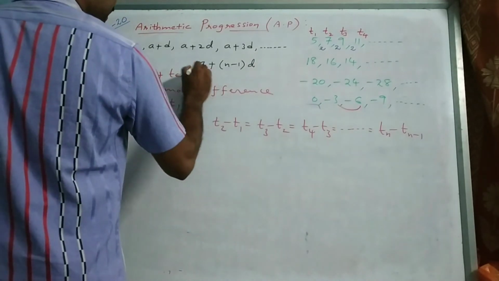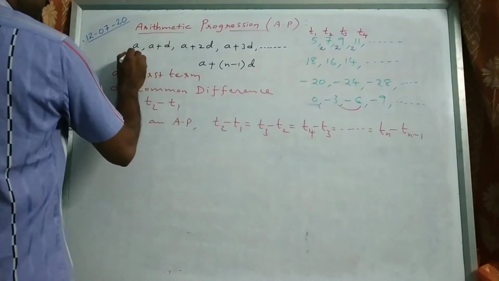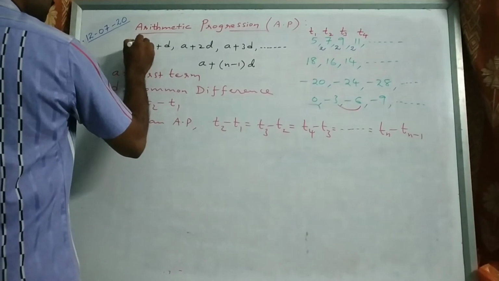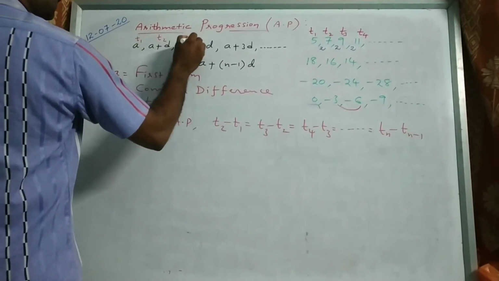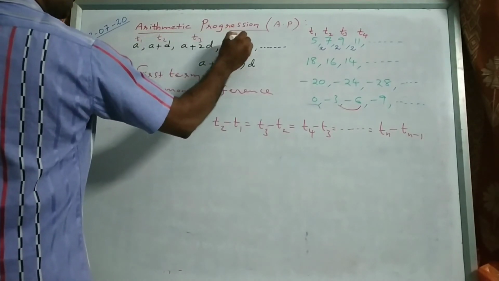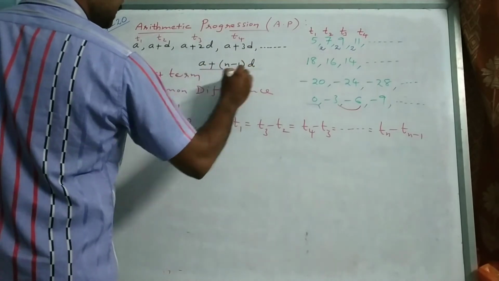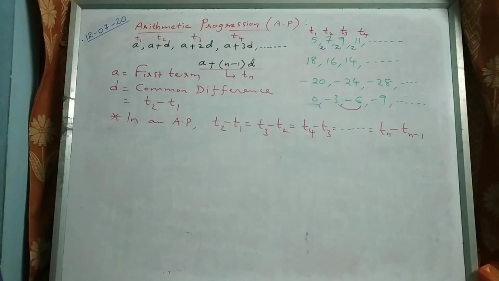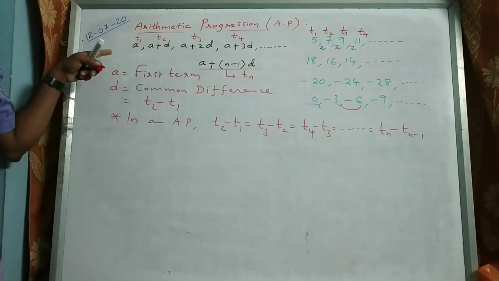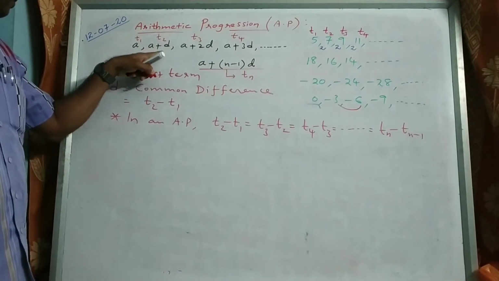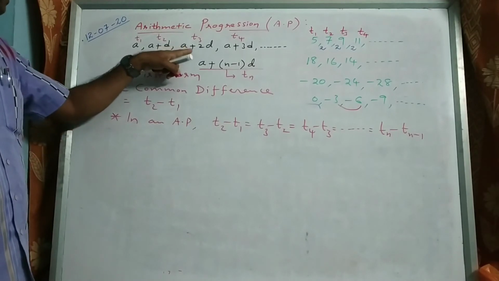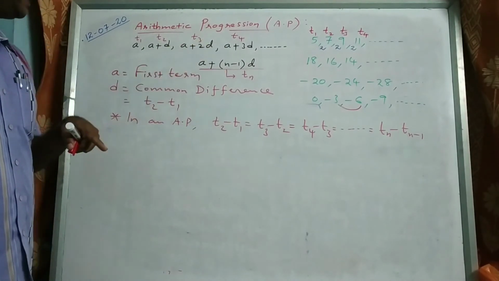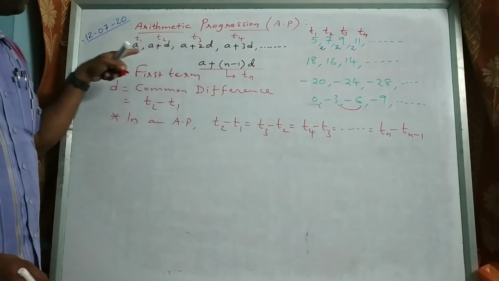Here, in the general form of an AP, A, A plus D, A plus 2D, these are called the first term, second term, third term, fourth term, like that. This is called the nth term, Tn. T1 means A, T2 is A plus 1D, T3 is A plus 2D, T4 is A plus 3D. One is reduced, you observe it.